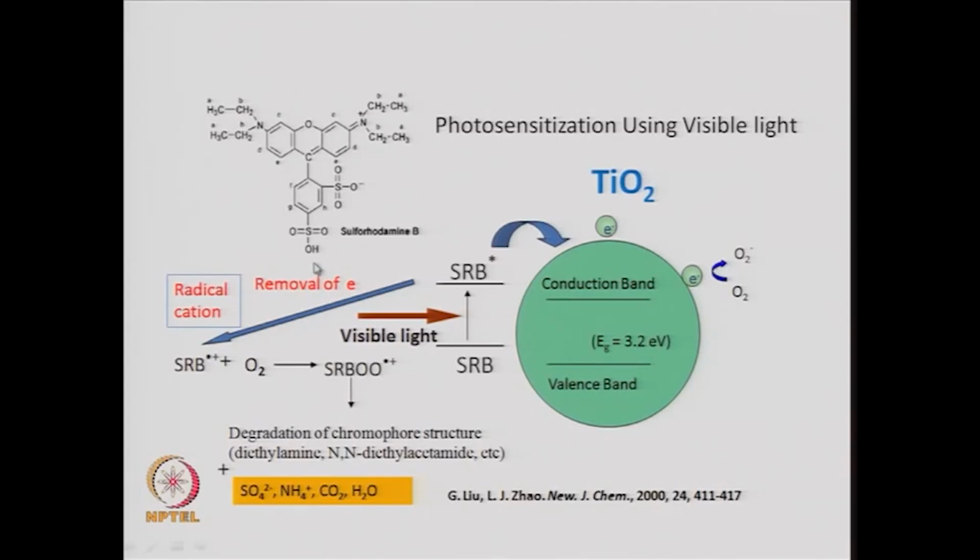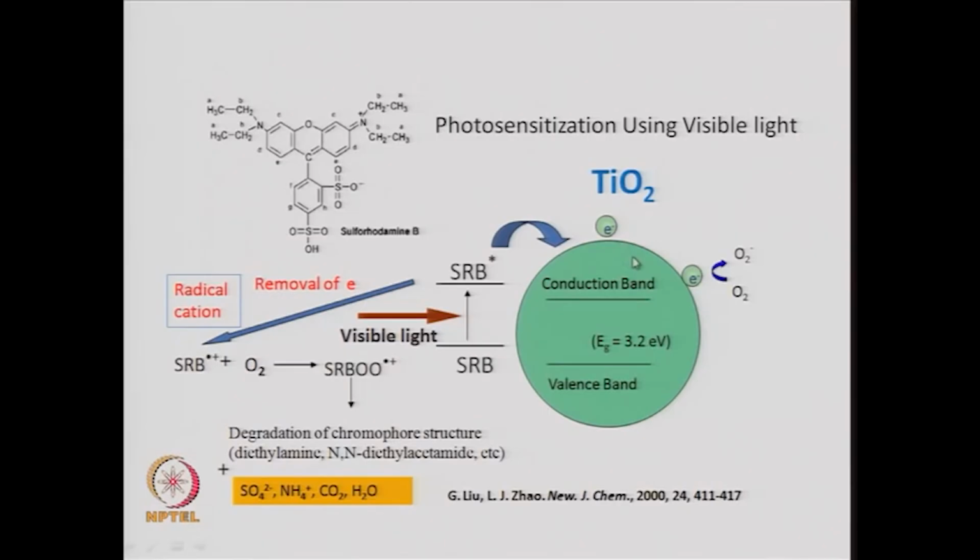is an organic compound. So, here we are more interested in seeing how titania was photosensitized using visible light, and the dye breaks down and gives rise to some products plus maybe some ions like sulphate ion, ammonium ion, and gases like carbon dioxide and water vapor.